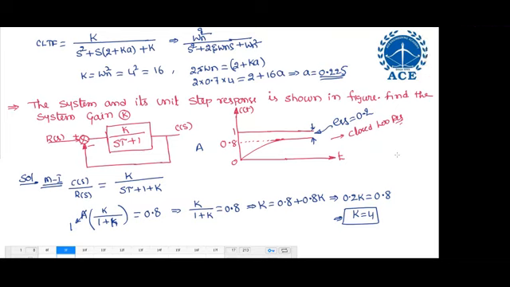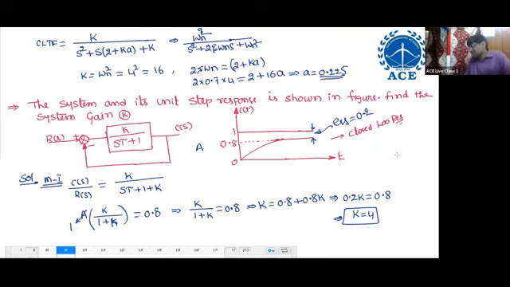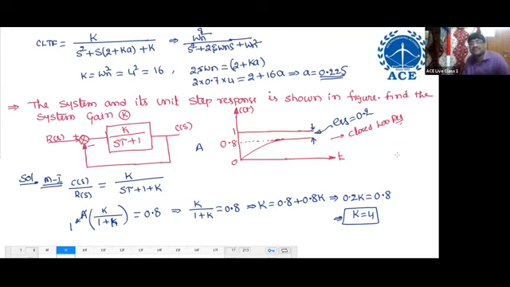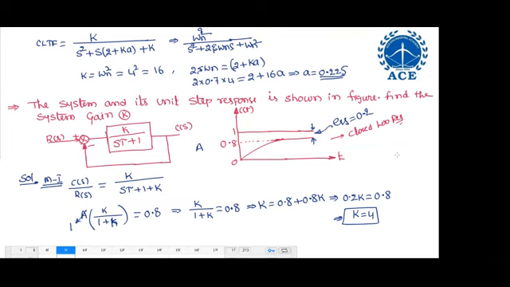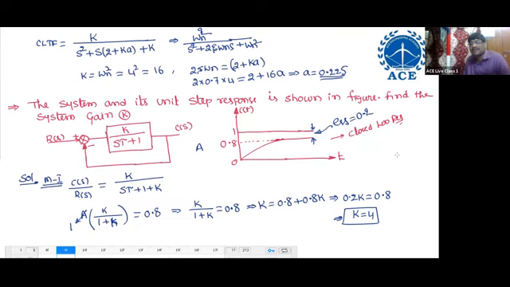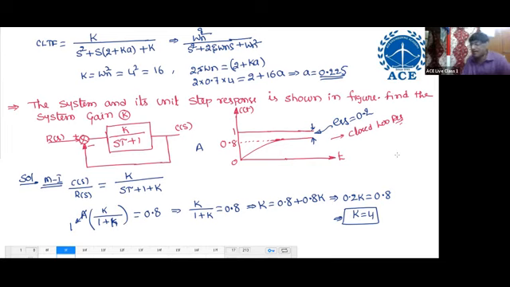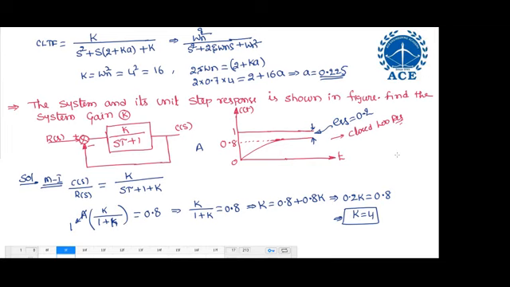S into R(s) into 1 minus closed loop transfer function. You can use that one formula for unity feedback too, and automatically you'll get the answer. For the others, comparing type and input is enough. Sometimes I get wrong answers. No, you don't get wrong answers, you'll make calculation mistakes. Okay, sir. Thank you, sir.